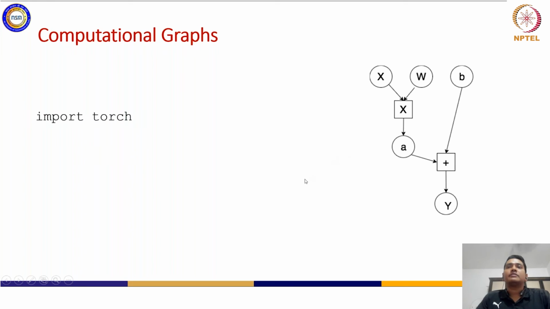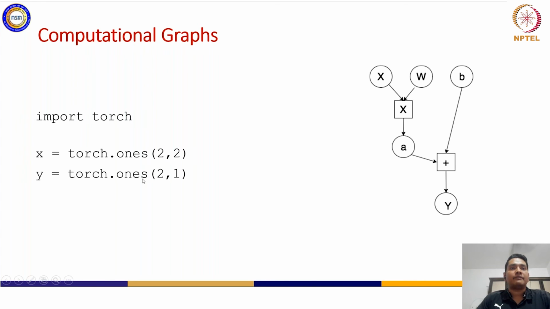To define this forward process in PyTorch, let's say we have X as our input tensor. We define one input tensor as 2 by 2, all ones. Basically we are initializing the values; for your training, you will get the values from your inputs.